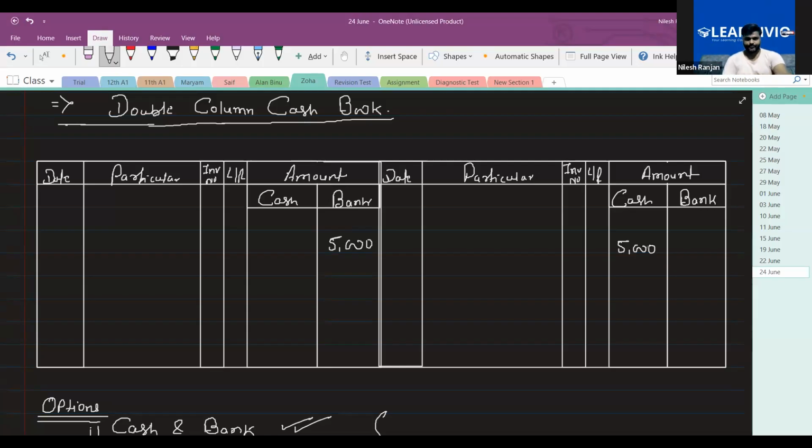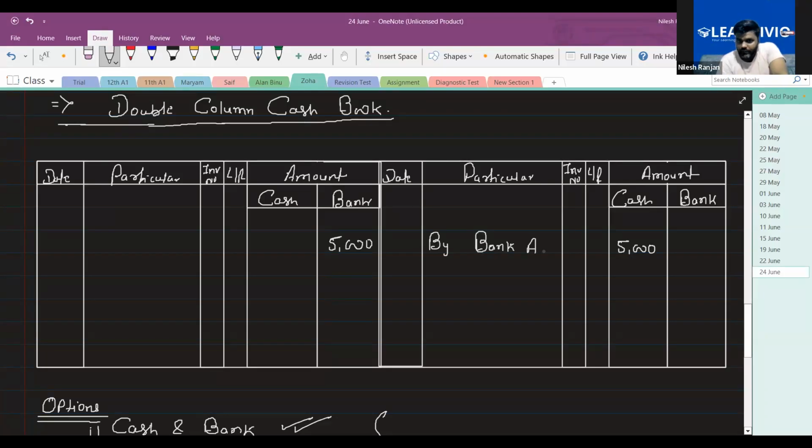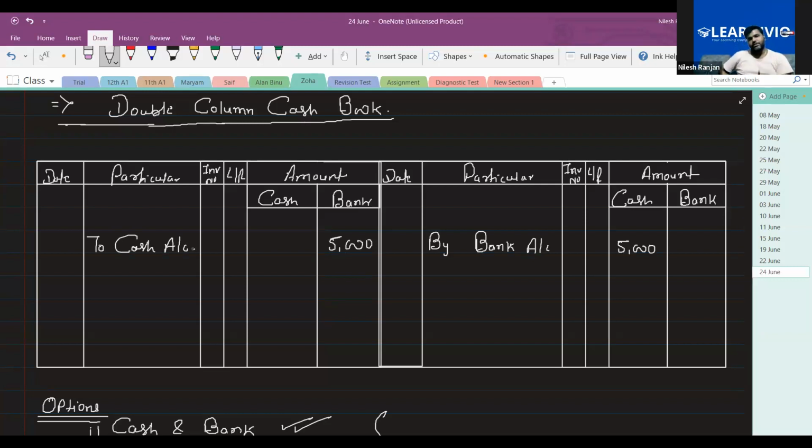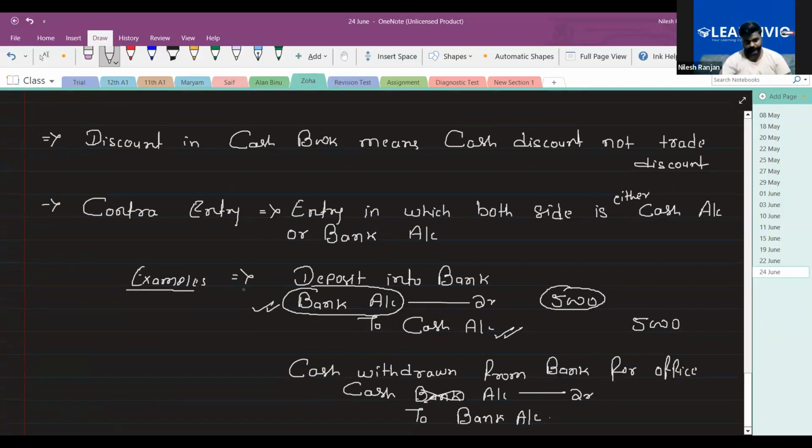Now, if it is in the cash column, then we will write bank here. And if it is bank, then we will write cash. Is this clear? Yeah, it's clear. So this is how we have to write contra entry.